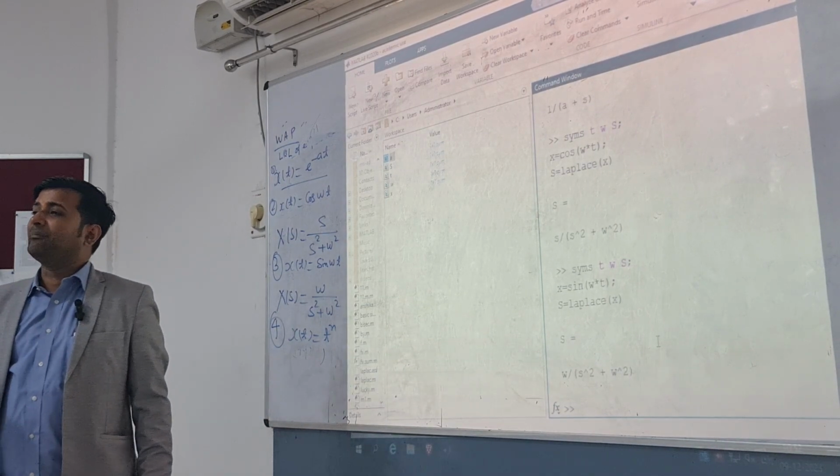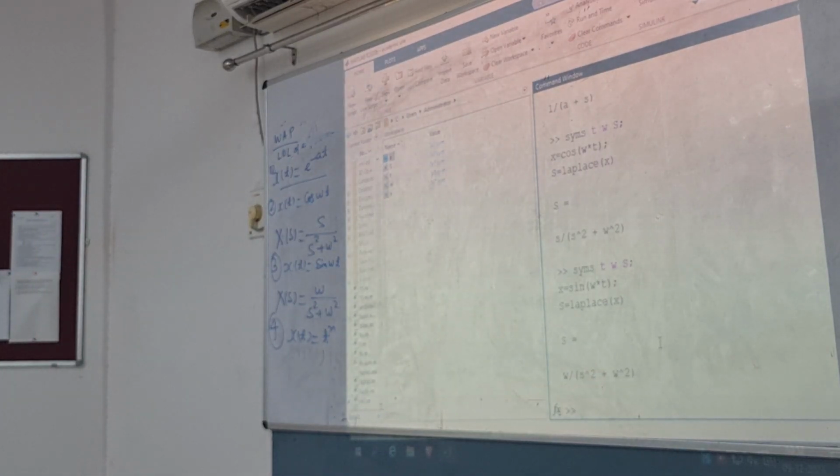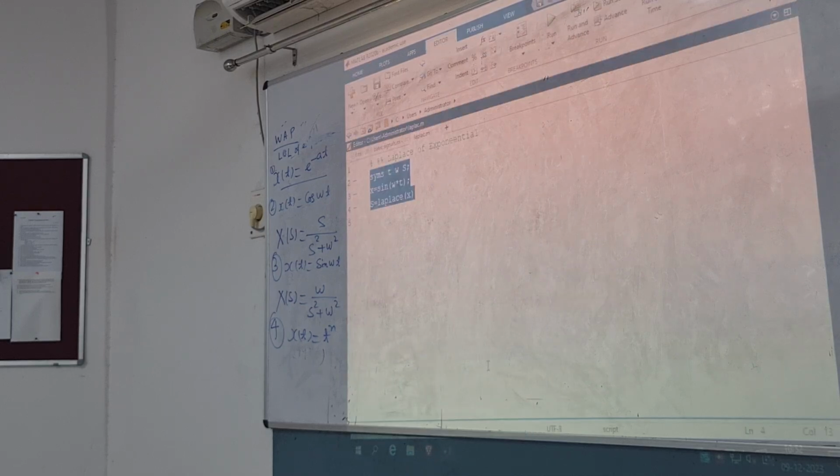How to find the Laplace transform of this function? It can be computed by simply changing the variable. Here some other notations can be used in this command window. Here there is t power, here you can define n, the suffix n.